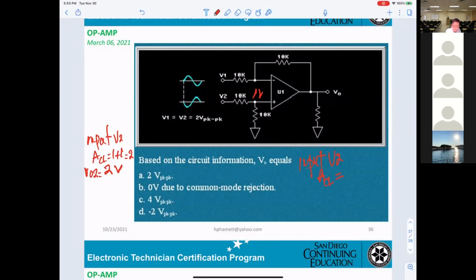So now if you're talking about input V1, ACL equals what? -1. Yes, -1. Perfect. Minus 10K divided by 10K equals -1. Okay, so VO1 equals -1 times 2 volt.